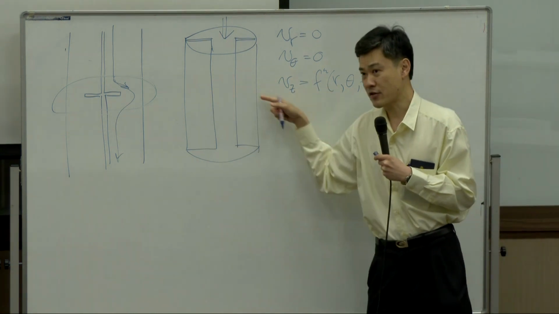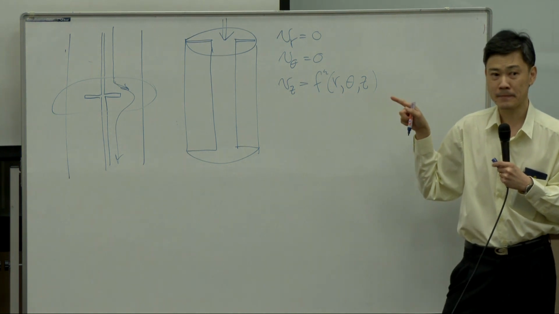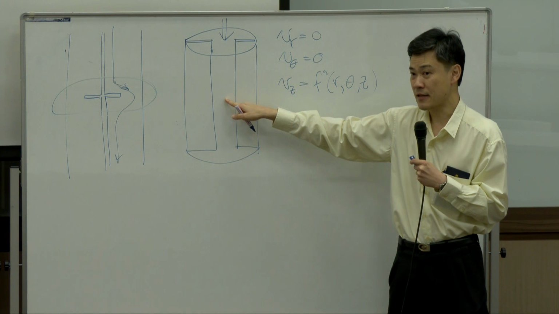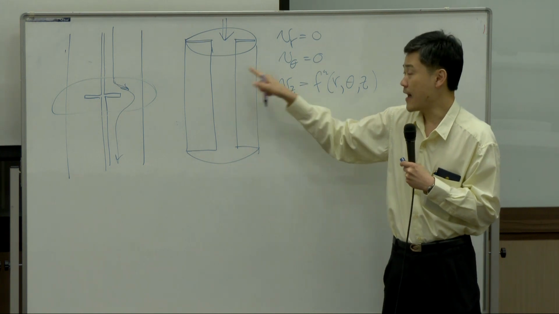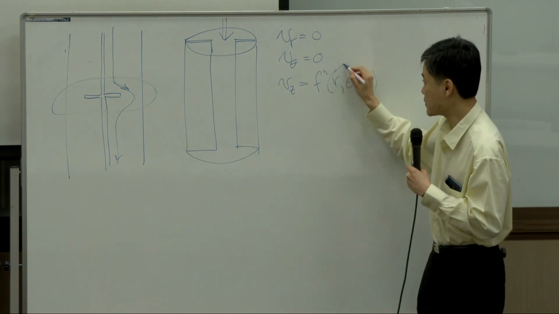You go in the R direction, can you find 2 points with different velocity? Yes. Center has some certain velocity. At the wall, velocity is 0, right? So it is a function of R.